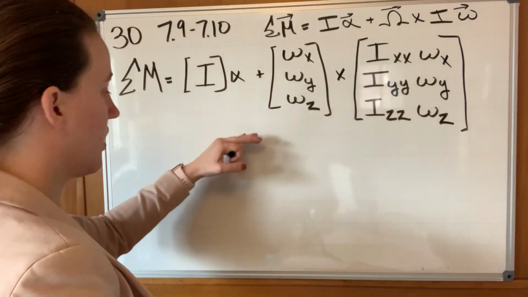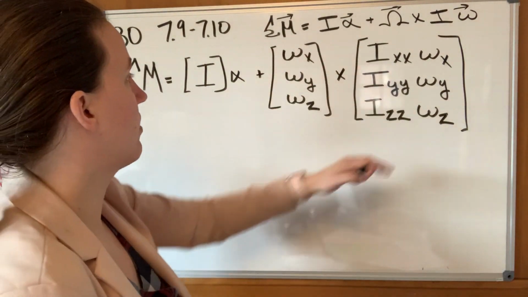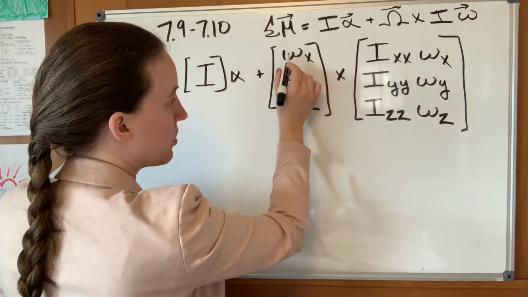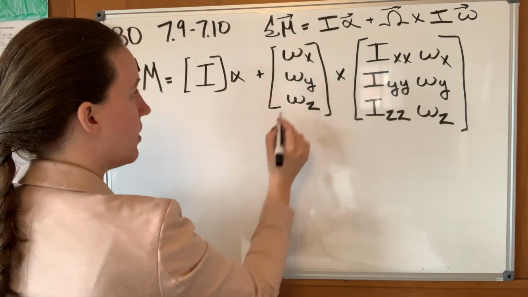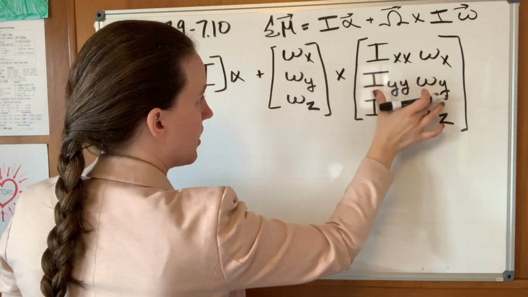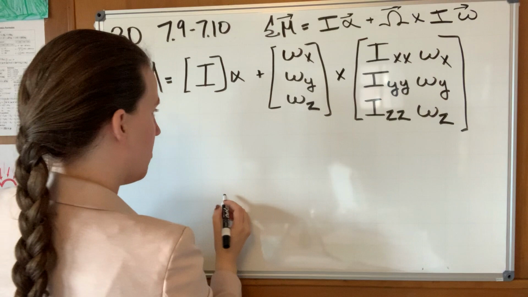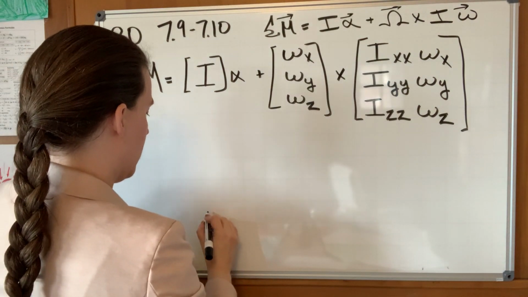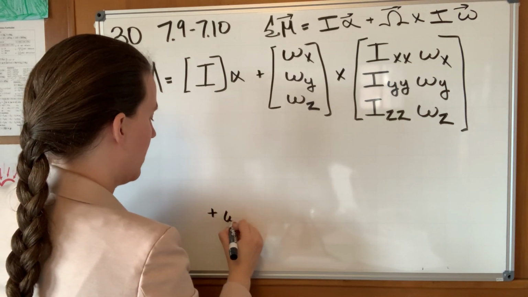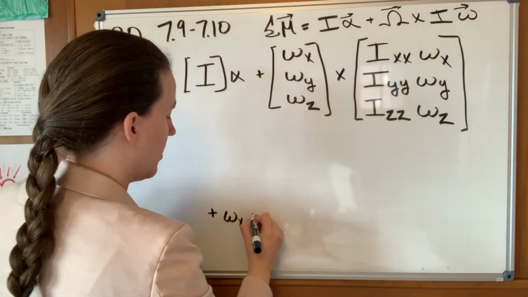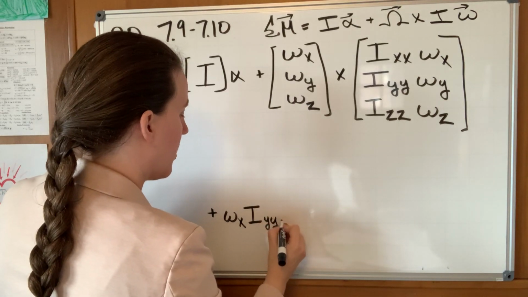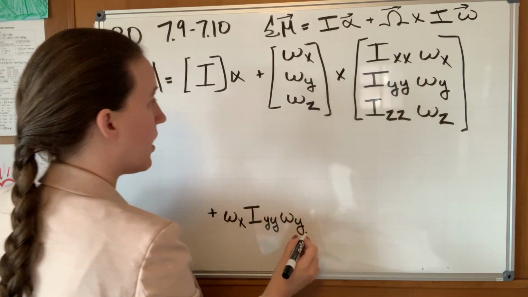All right, so we're going to set ourselves up down here to write out this cross product. First, we'll do all of the positive terms. We've got omega x cross this in the y, and that's going to give us a k term, so plus omega x I yy omega y.